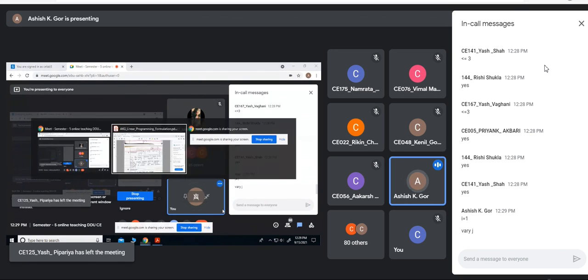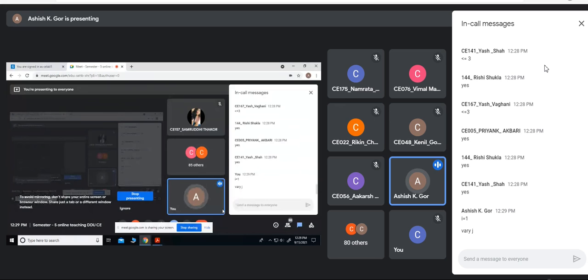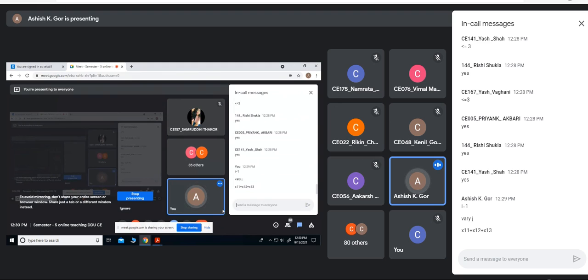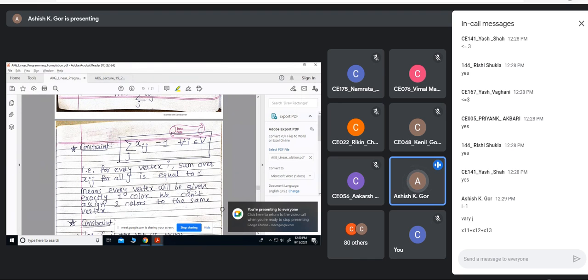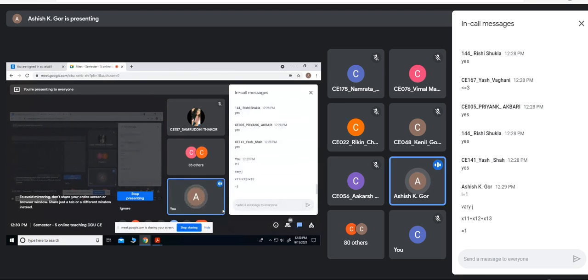What is j? j is the number of colors, right? So there are 3 colors. So what it will be? x11 plus x12 plus x13. i is fixed, remember, i is 1. That is sigma over j, and that should be equal to 1.